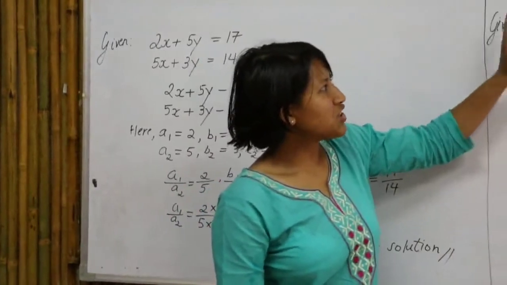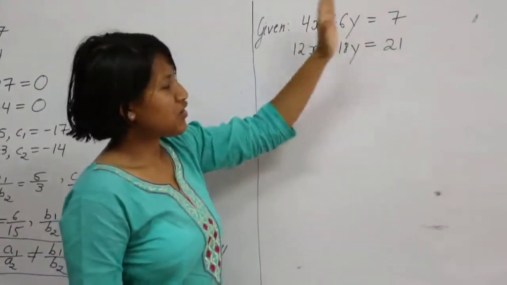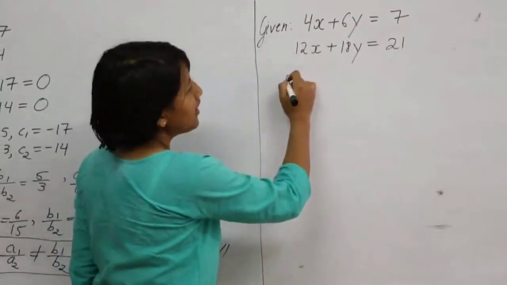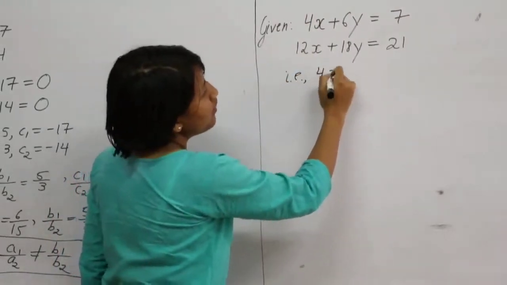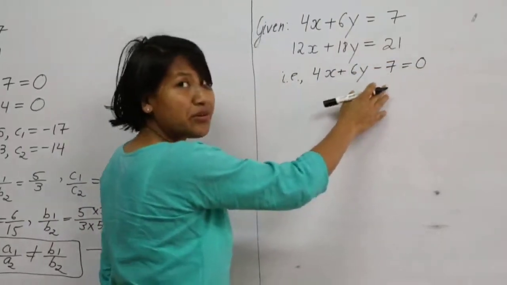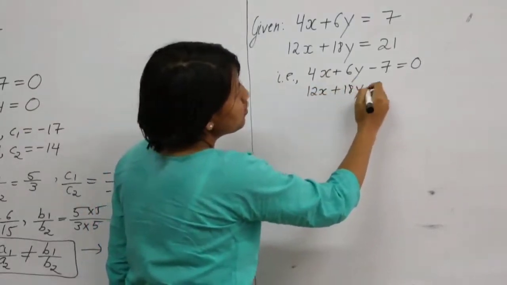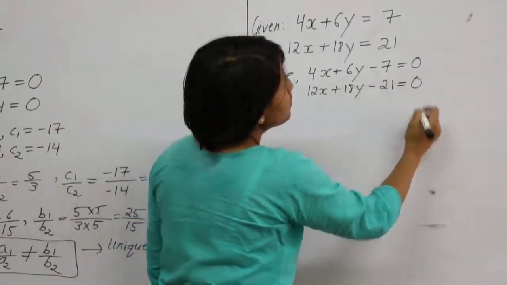Now this next question: transfer the constants to the left hand side. That is 4x plus 6y minus 7 equal to 0, and then 12x plus 18y minus 21 equal to 0.